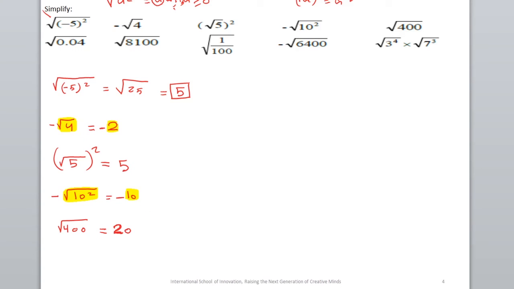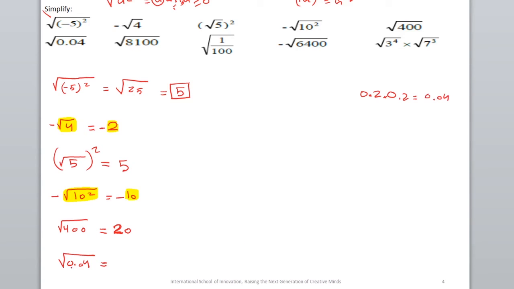Radical 0.04. I already know that 0.2 times 0.2 is equal to what? It's equal to 0.04. Check. You may use your calculator to check.